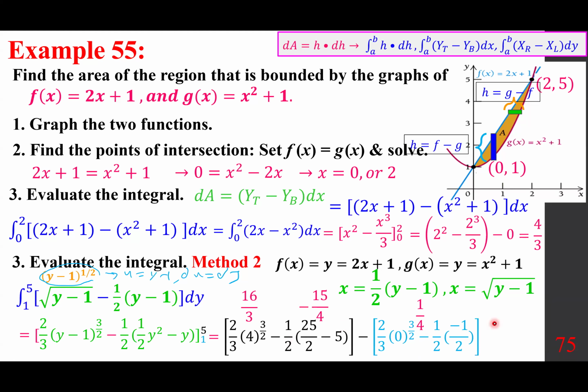And this entire thing, this is 0, has no bearing, negative and negative, positive 1/4. So if you put them all together, you get 16 over 12 or 4/3. You get exactly the same answer. I highly recommend you work on this to make sure that you have no problem with that.